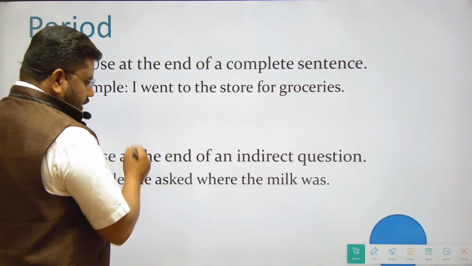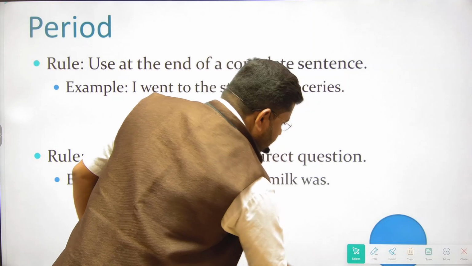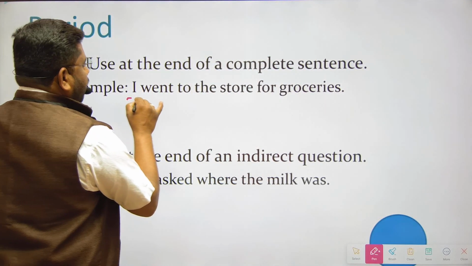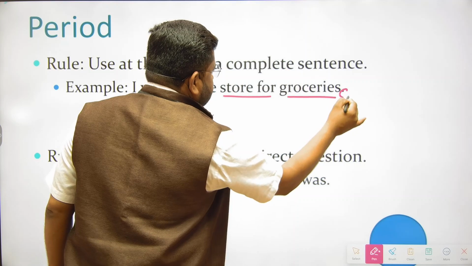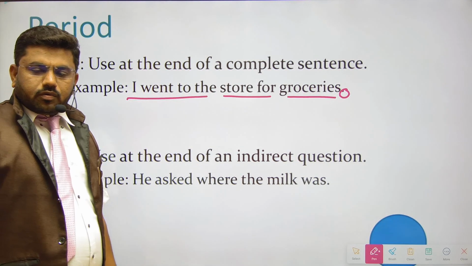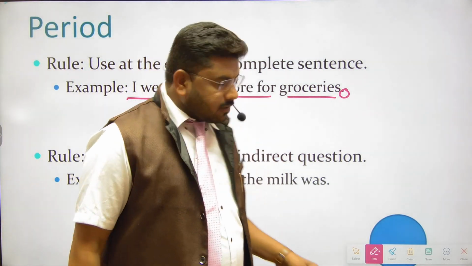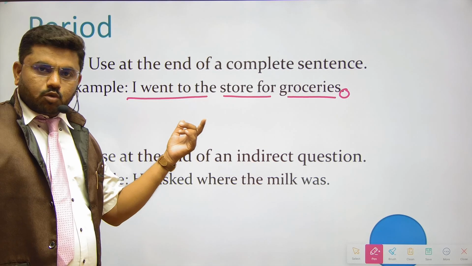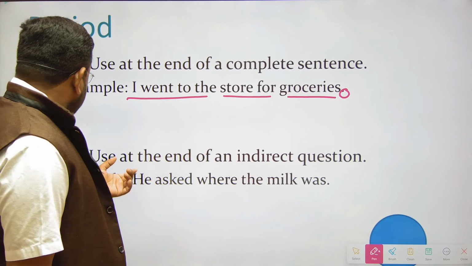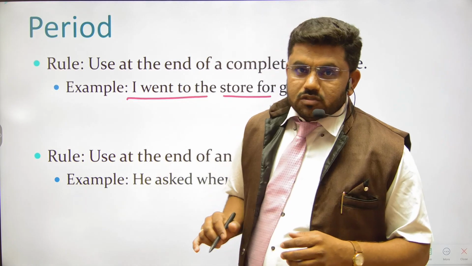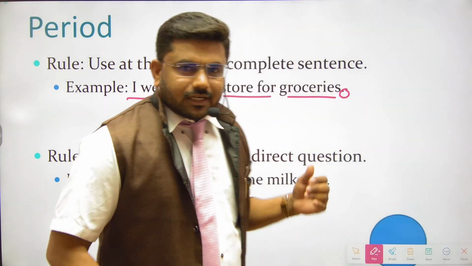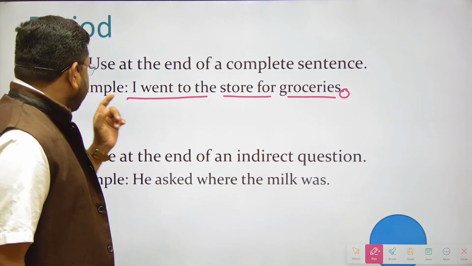Example: I went to the store for groceries. Here this point is given, and that is the full stop. For the many sentences we write, at the end we put the full stop, and that is called the period.